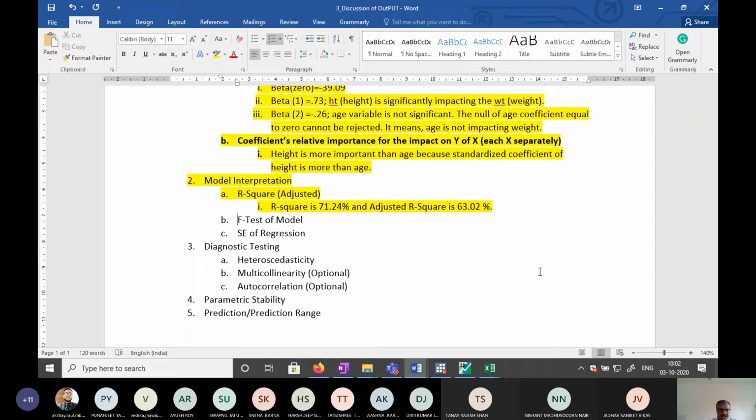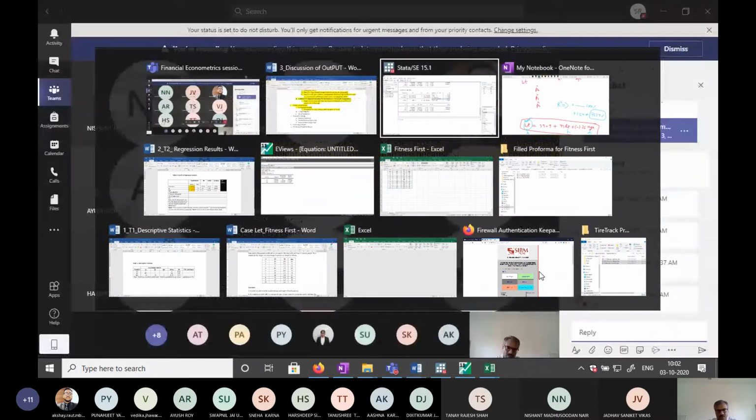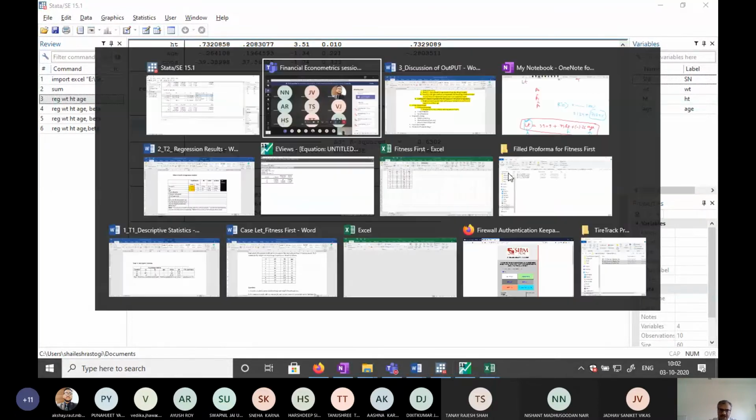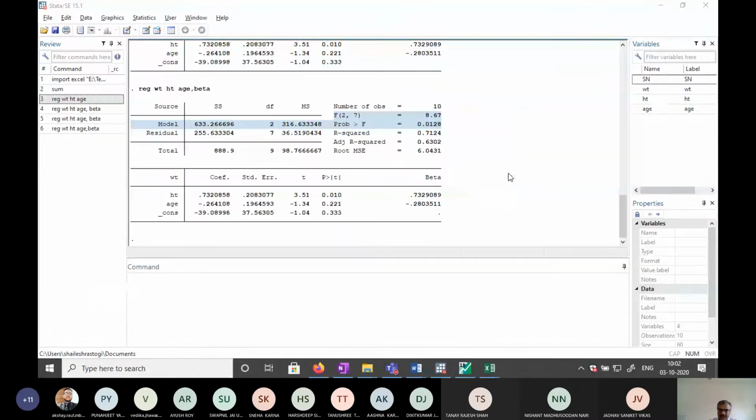Coming to the next point, model interpretation, F-test. If you look at the output, as you are finding here, please pay attention, F-test is having an accompanying p-value. This is the p-value for the F-test. And let me put it this way, again I'm writing the null.